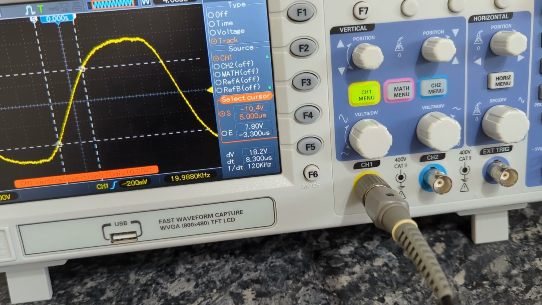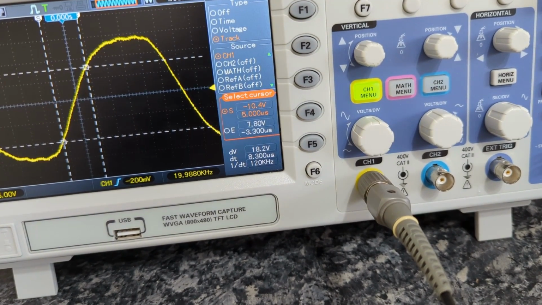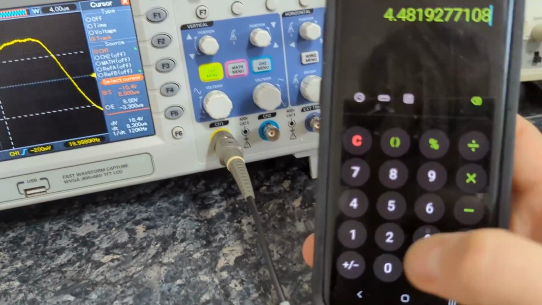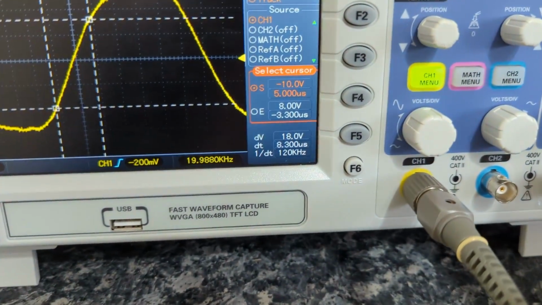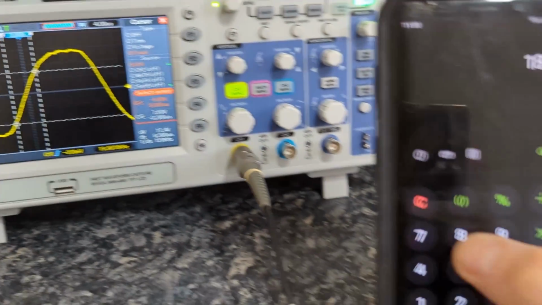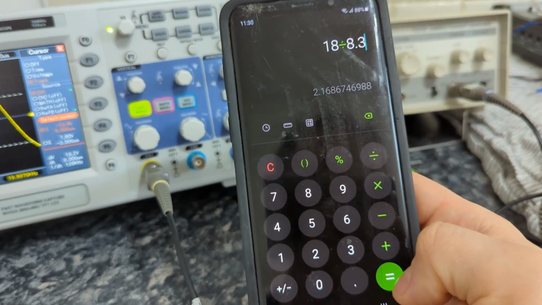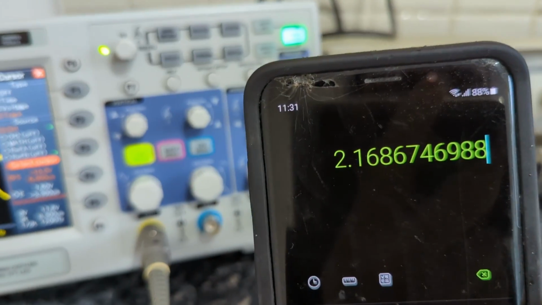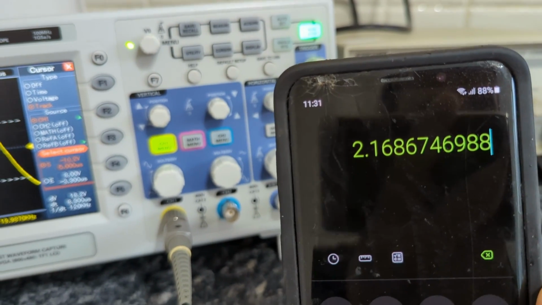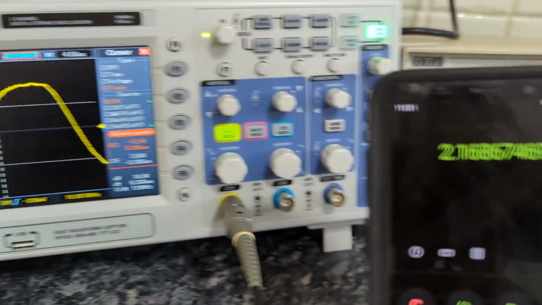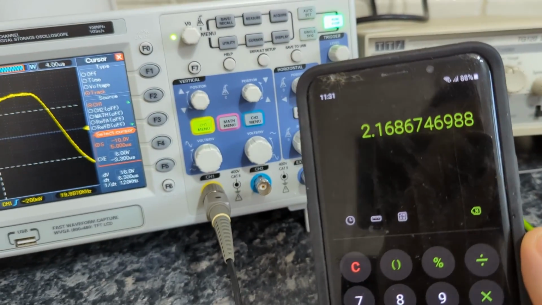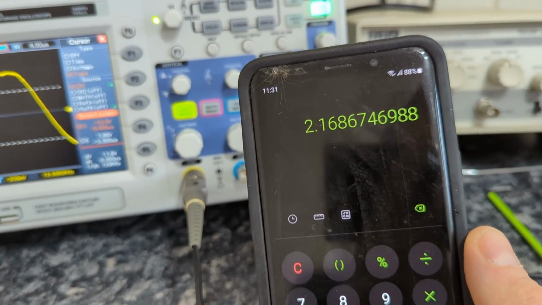And now we have, let's say, 18 volts only. 18 volts divided by 8.3, we have a slew rate of 2 volts per microsecond, which is extremely low. So basically this is a slew rate of a sine wave.